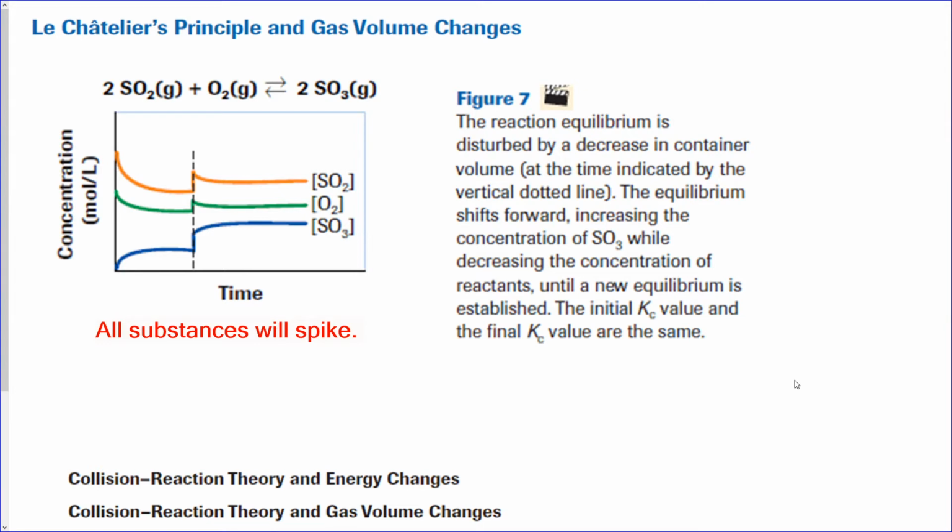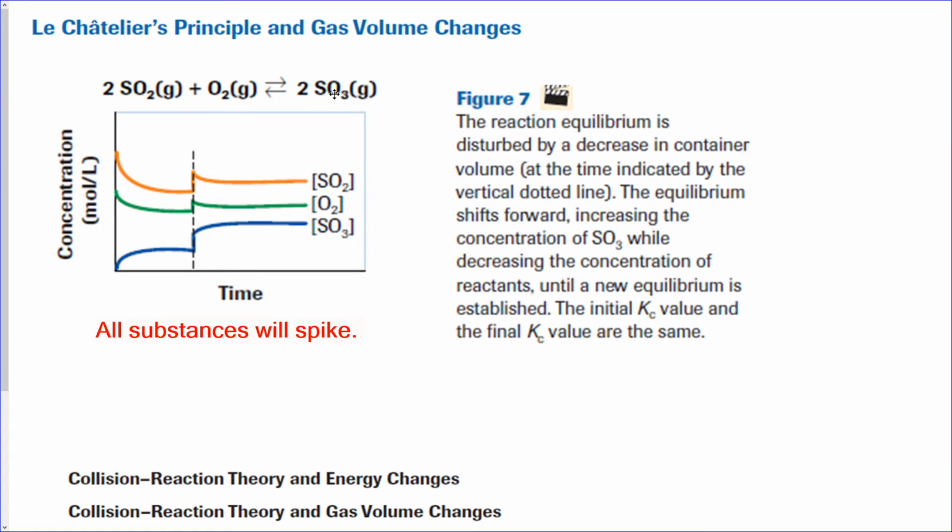And once again, there will be a new equilibrium constant from that. Finally, the third kind is if we change the volume. If we change the volume, the Kc value is going to stay the same once again. Our constant will stay the same. However, the equilibrium is going to shift depending on the balance.